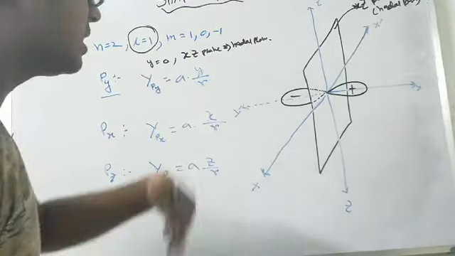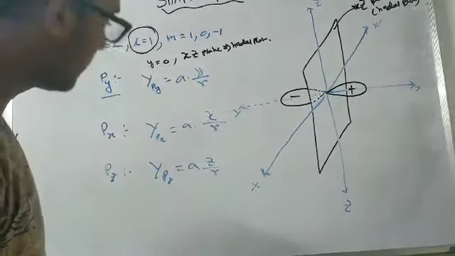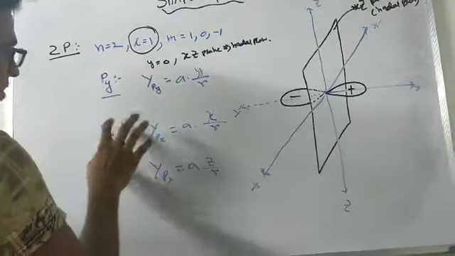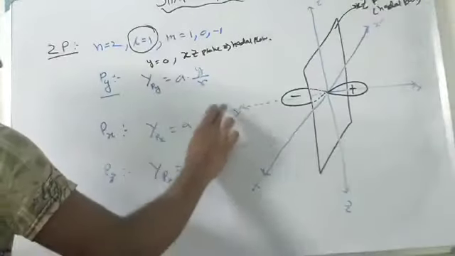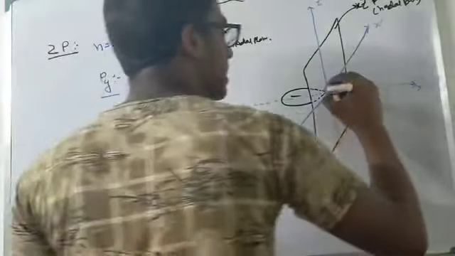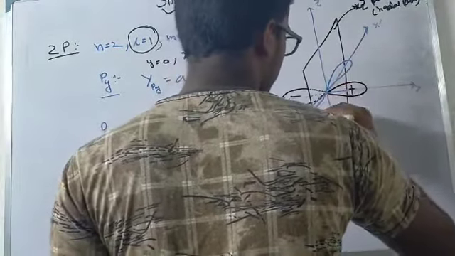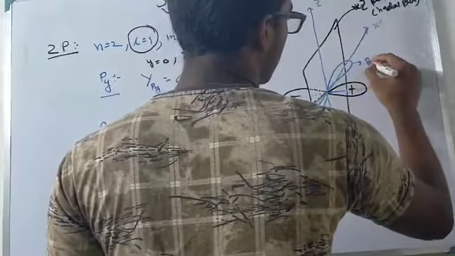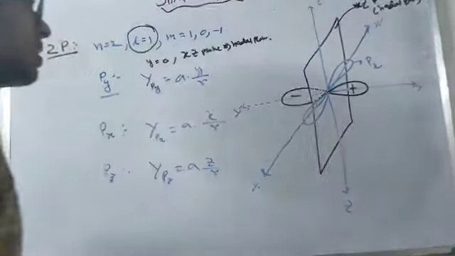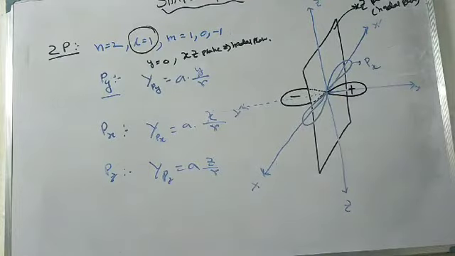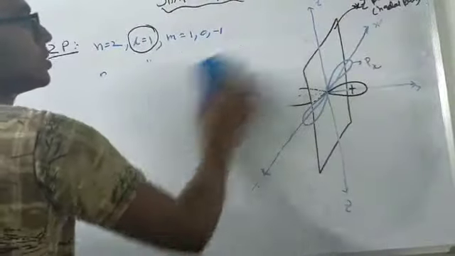In this graph, if I want to draw the px orbital, the wave function only depends on x, so I can draw the lobes like that. This is my px orbital. Now let's summarize.